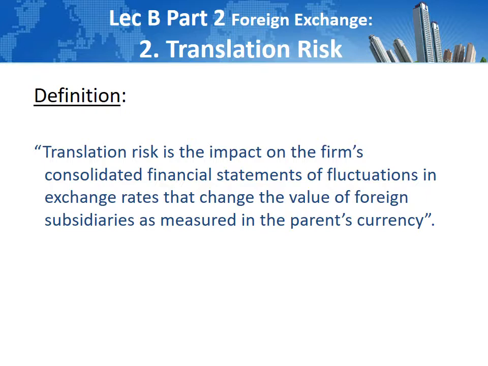Okay, and of course that will be in US dollars. So you can imagine that how these various other currencies perform vis-a-vis the US dollar will have a big effect on the consolidated financials of the parent company. Okay, so that's what we're going to look at, and that's basically what translation risk is all about.